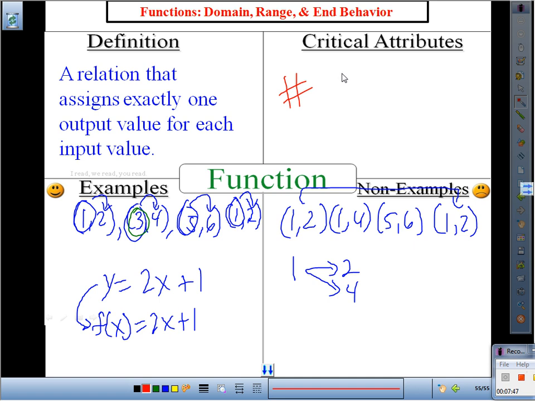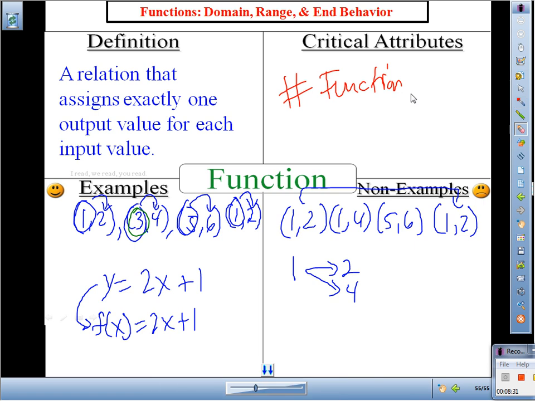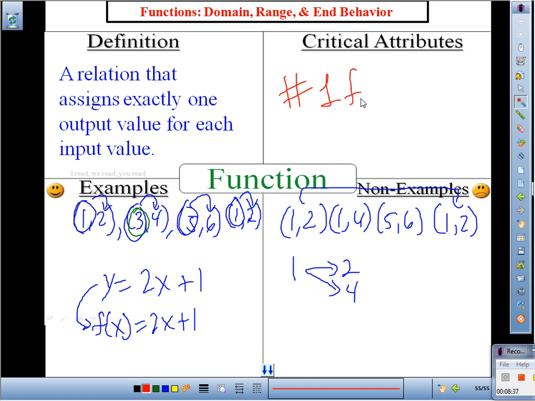Did you guys hear that one? Hashtag function. Another hashtag. What do we call them? Tanner. Go, Tanner. You're hiding back there. What's going on? Hashtag what?